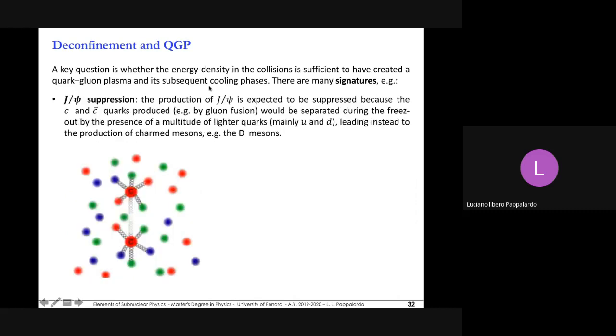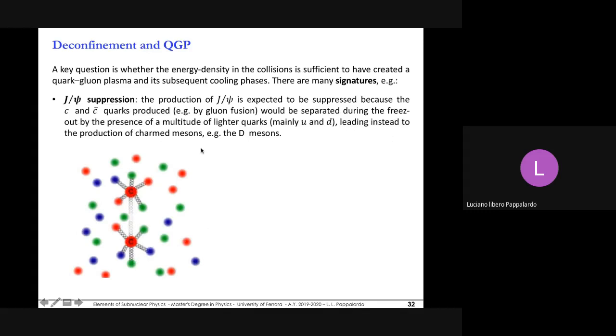Now, this is not the only signature. Another proposed signature is the suppression of J/psi production. The production of J/psi is expected to be suppressed because the c and c-bar quarks, which are produced by the gluon fusion, much like the strange and anti-strange, would be separated during the freeze-out by the presence of a multitude of lighter quarks, essentially many up and down quarks, okay?